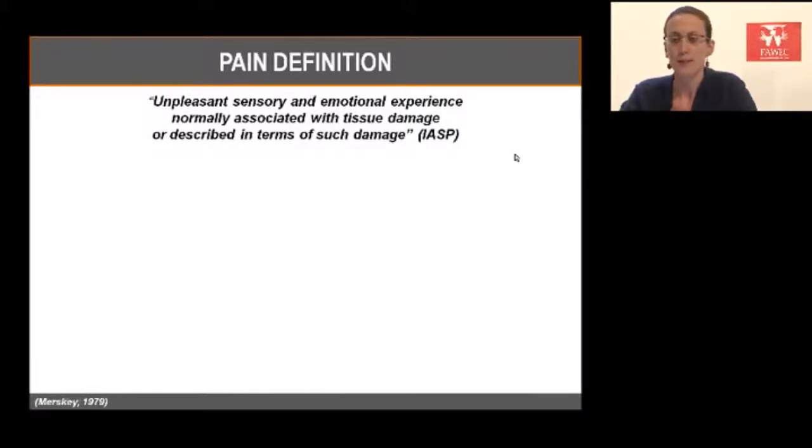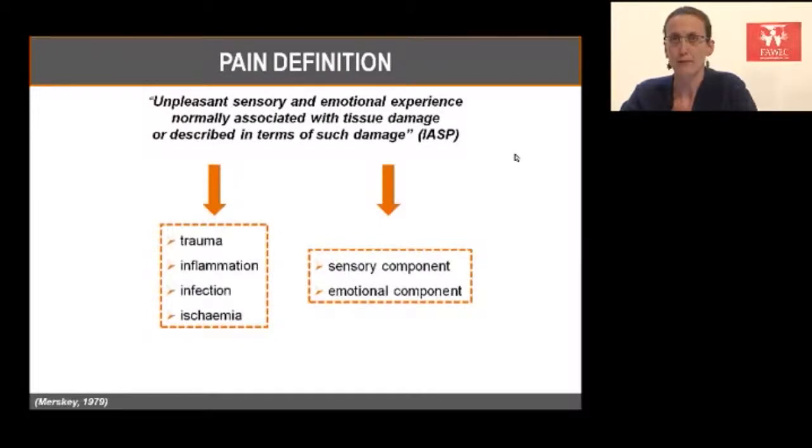The first one is that pain can be caused by trauma that directly damages the receptors of pain, also called nociceptors. But also pain can be caused by inflammation, infections, or ischemia. For example, in the case of inflammation, there is the release of different mediators such as prostaglandin and bradykinin that potentiate the receptors of pain.